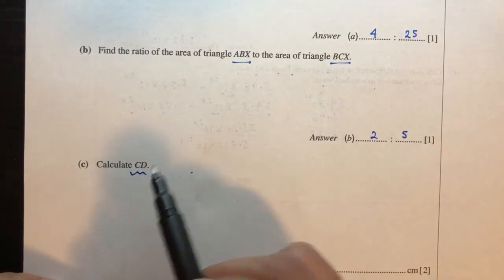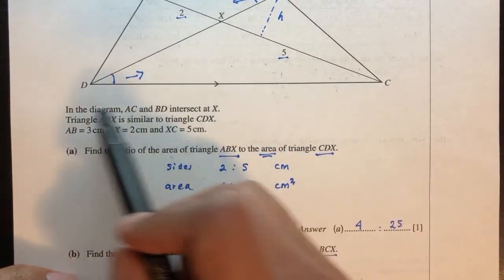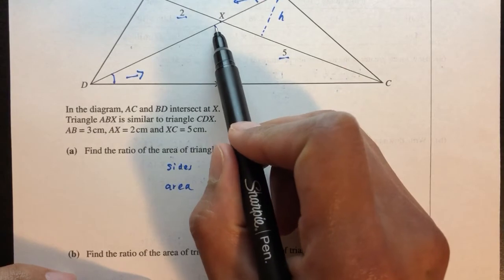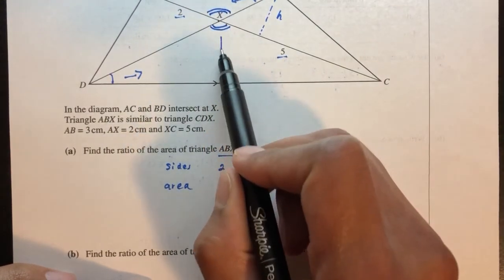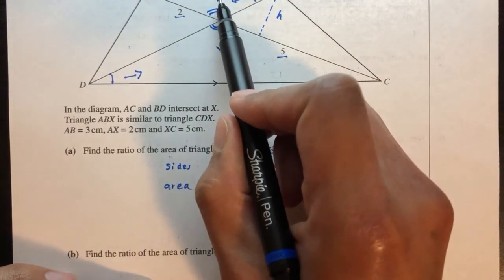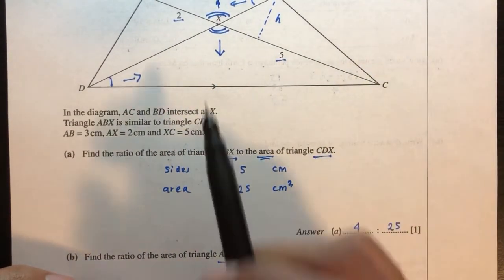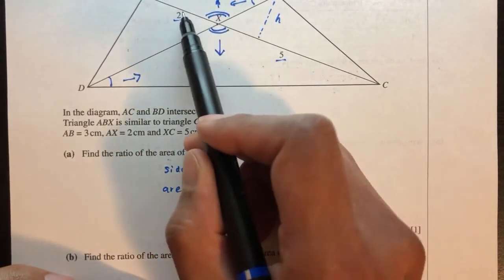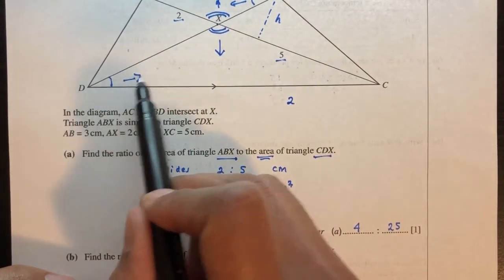And then last one will be CD. What is CD? CD will be this length. How do you find this length? So this angle here is equal to this angle here. This is opposite to this, which means we have to do this by proportionality. So at first, as you can see, we have this angle, corresponding side was 2, and the same angle is this one, corresponding side was 5.